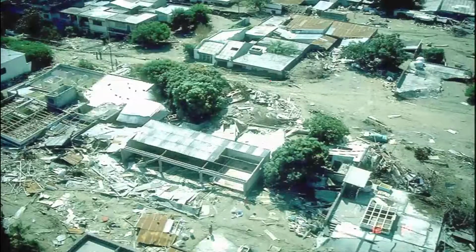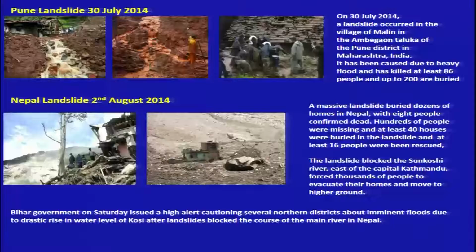So, a lot of coarser material will be transported during a landslide. One example is from here, a huge boulder which was transported or moved, and also the material seen here is comparatively finer than this one, but these are all cobbly, bouldery material.